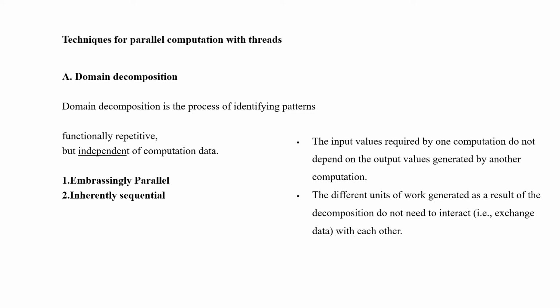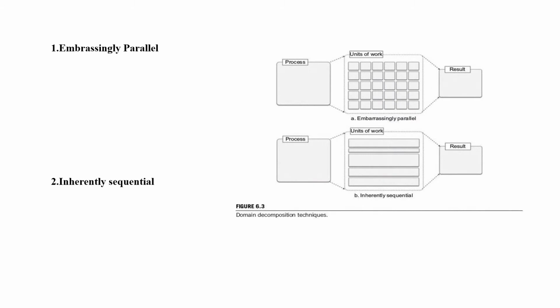Inherently sequential and embarrassingly parallel decomposition can be seen in this diagram. So in the first diagram, you can see a given process is divided into units of work where all the units of work are identical to each other. And finally, the executed results can be combined in order to give the final result.